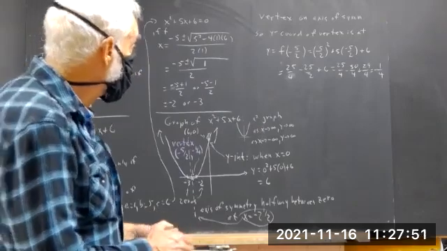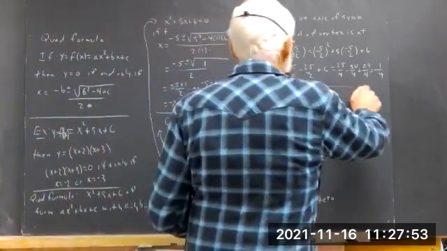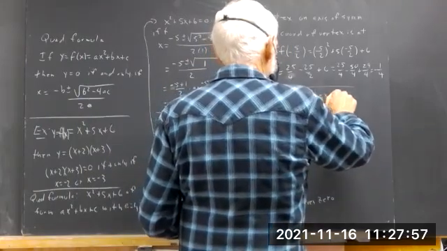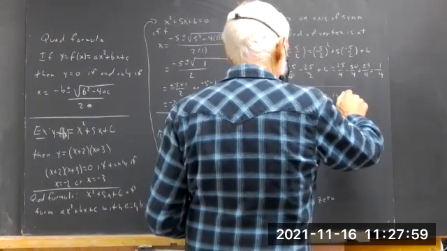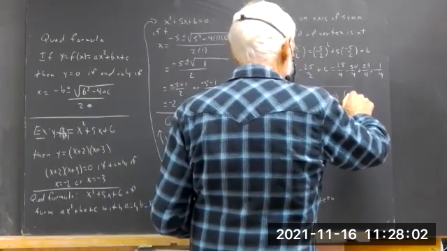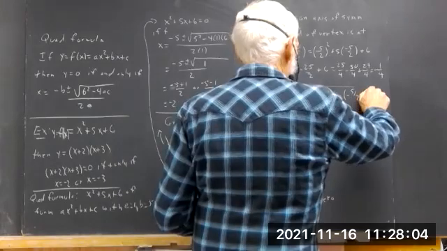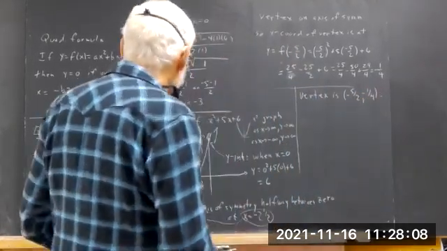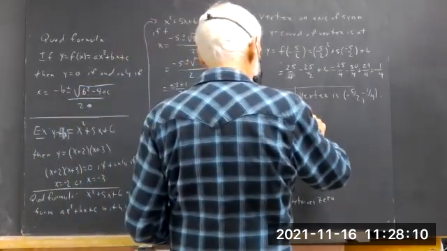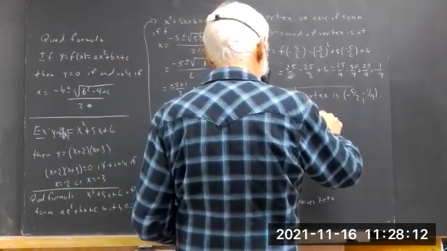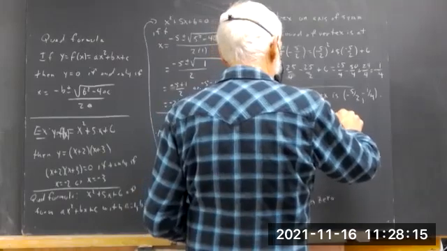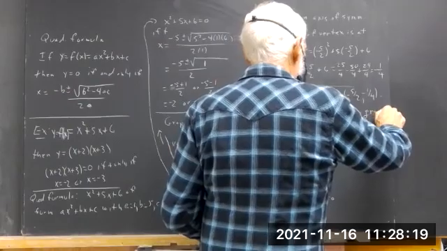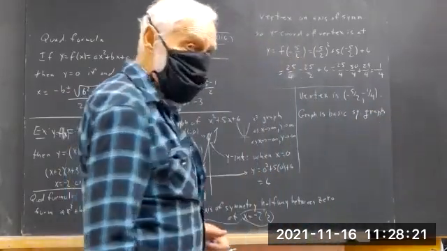So we have this graph: a graph of the basic squaring function, y equals x squared.